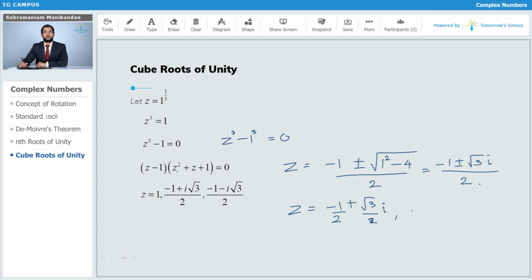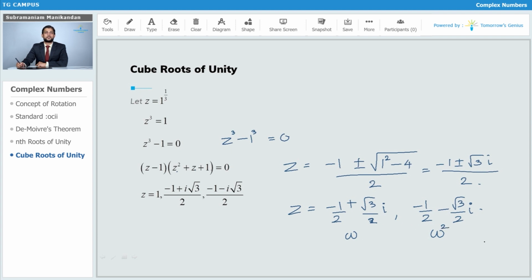One is minus half plus root 3 by 2 i, the other is minus half minus root 3 by 2 i. In fact, as it happens, if you square one of these, you'll get the other one. So if I square minus half plus root 3 by 2 i, I'll get minus half minus root 3 by 2 i. So therefore, if I take this as omega, I don't need to find a new symbol for the other one.